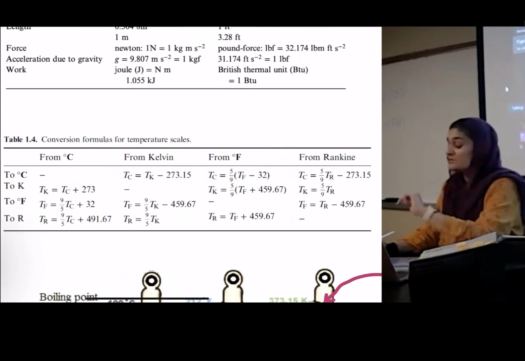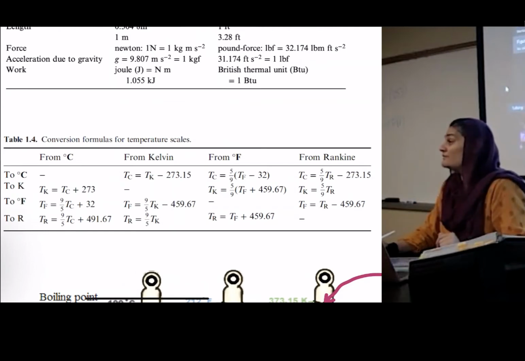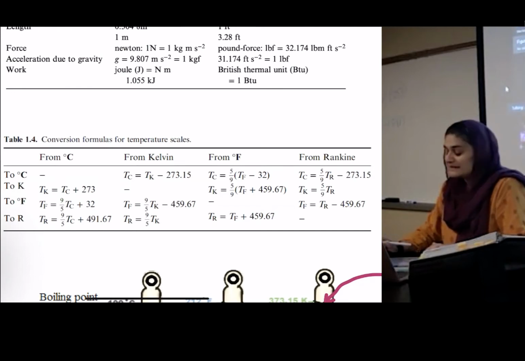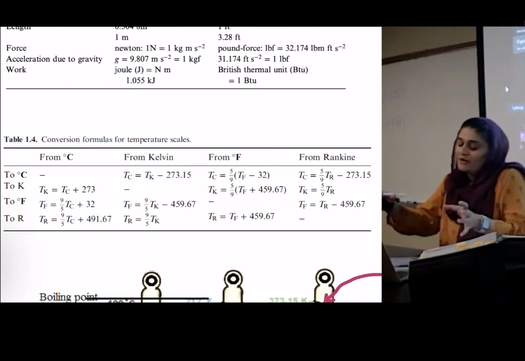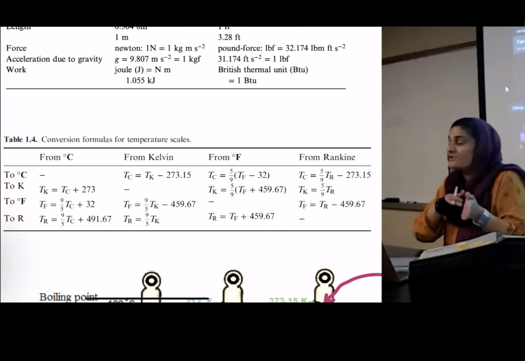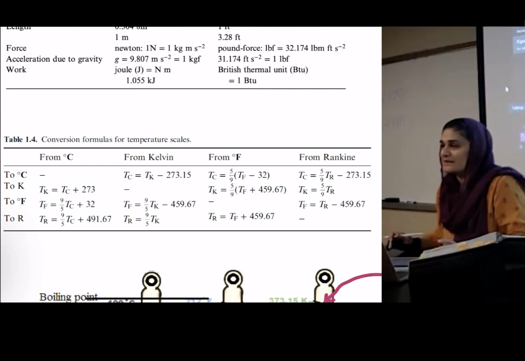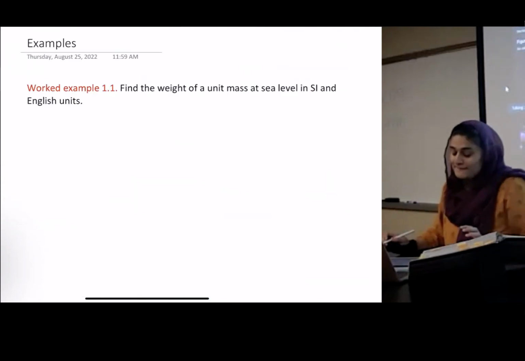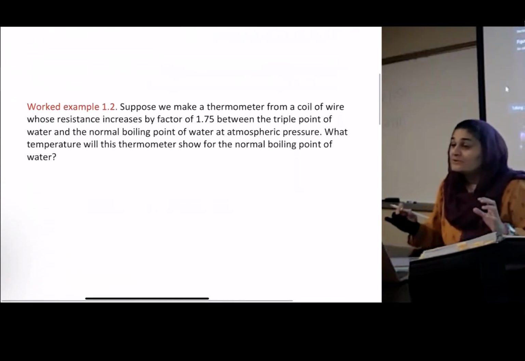We are going to use the three properties we've just talked about. I'm just going to show you from Celsius to Fahrenheit, and then you can do the rest of the conversions.